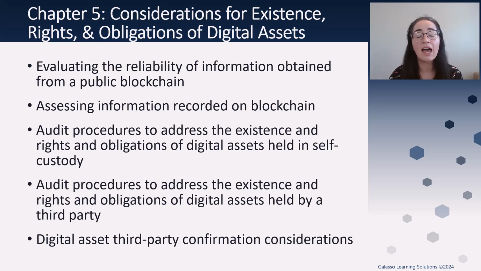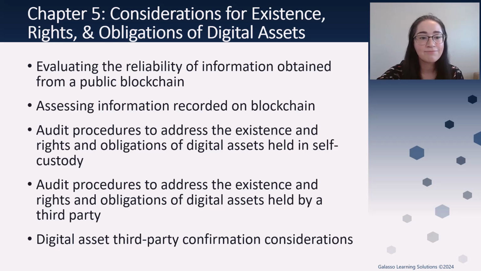It also outlines audit procedures and considerations for digital assets that are held in self-custody or are held potentially by a third party. They also have different considerations for sending confirmations.